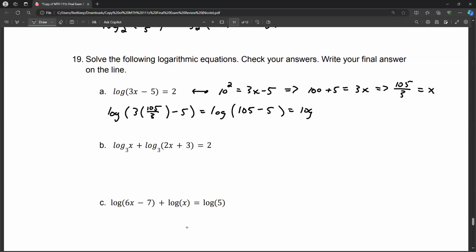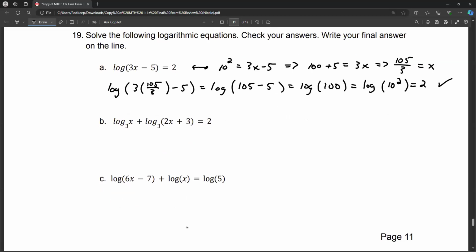And then 105 minus 5, we know to be 100, which I could write as 10 squared, right? Again, since there's no base stated, we assume it to be 10. And so we can use the property that we have log base 10 of 10 squared, and we can pull down the 2, and so our output is 2. So there's our final answer.